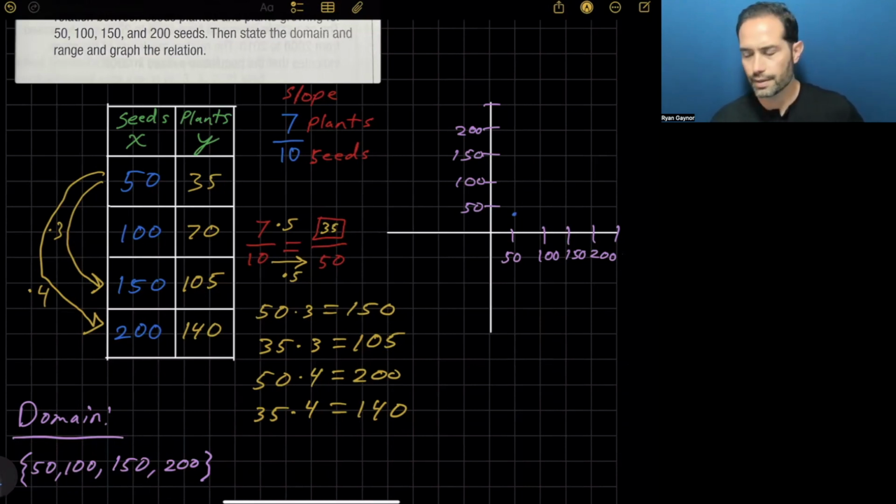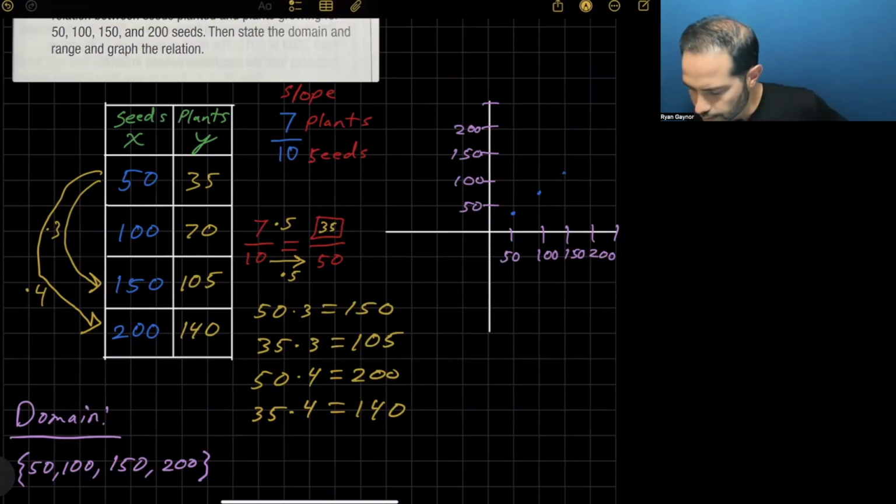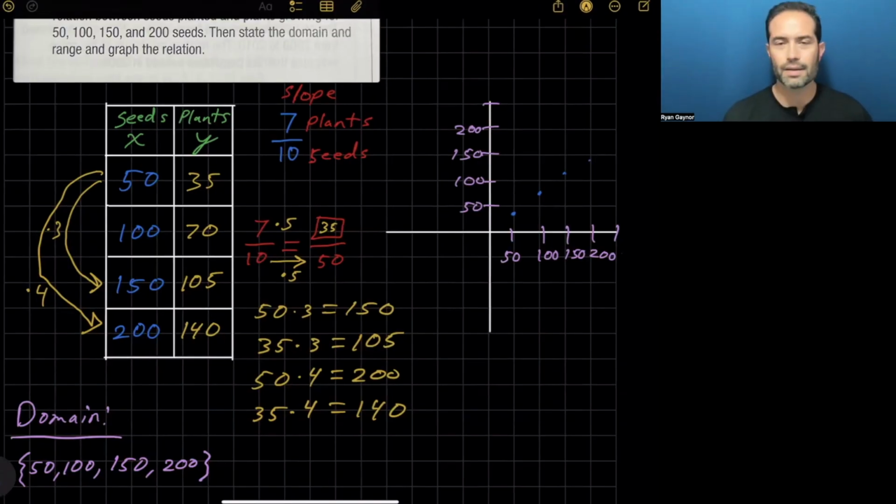Then we have 100 for the x, 70 for the y, just about there. Then we have 150, 105. There we go. And then we have 200 and 140. All right, there it is.